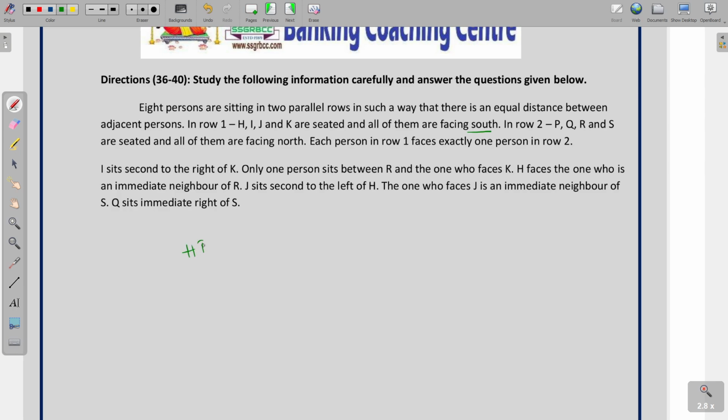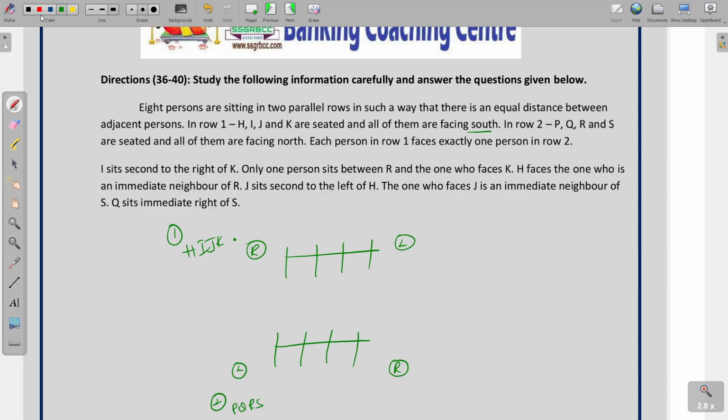So, H, I, J and K, that is the first possibility, second possibility. These persons are facing south and these persons are facing north. This is the right side and this is the left side. In row 2, P, Q, R, S are placed.